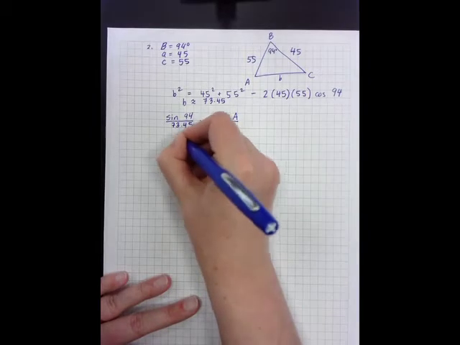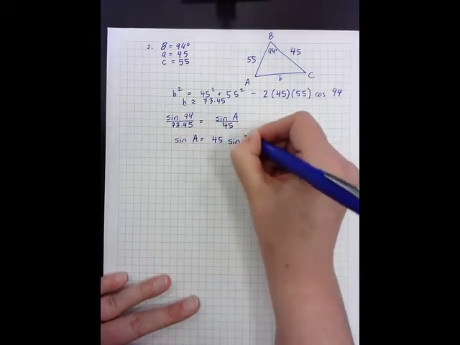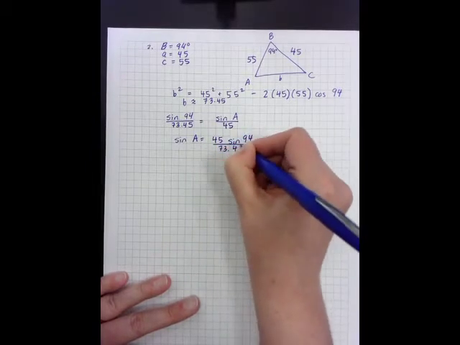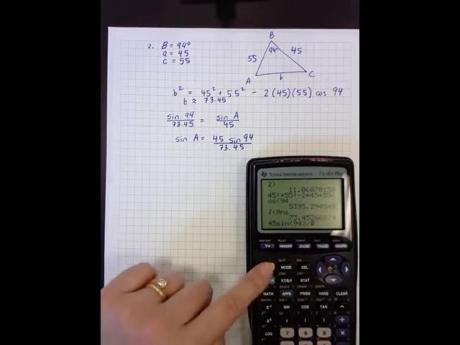And so sine of A is going to be 45 times sine of 94 over 73.45. So I have 45 sine 94 divided by second answer.